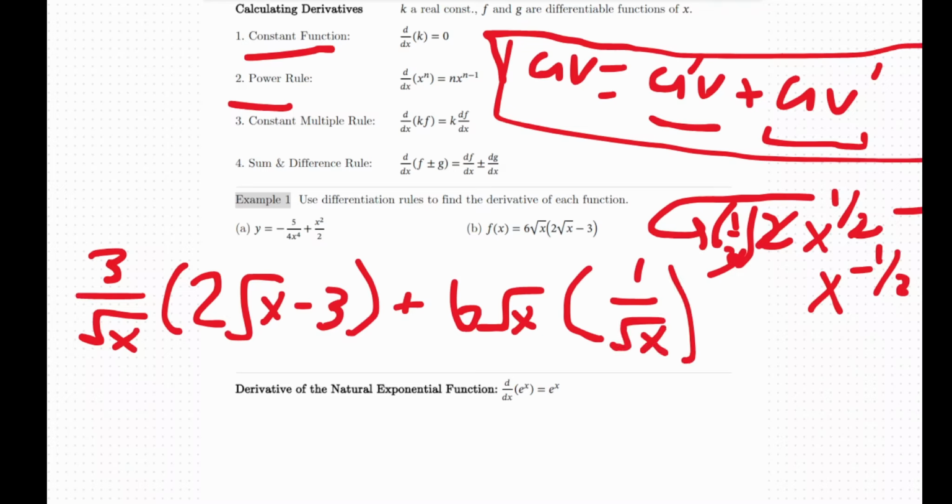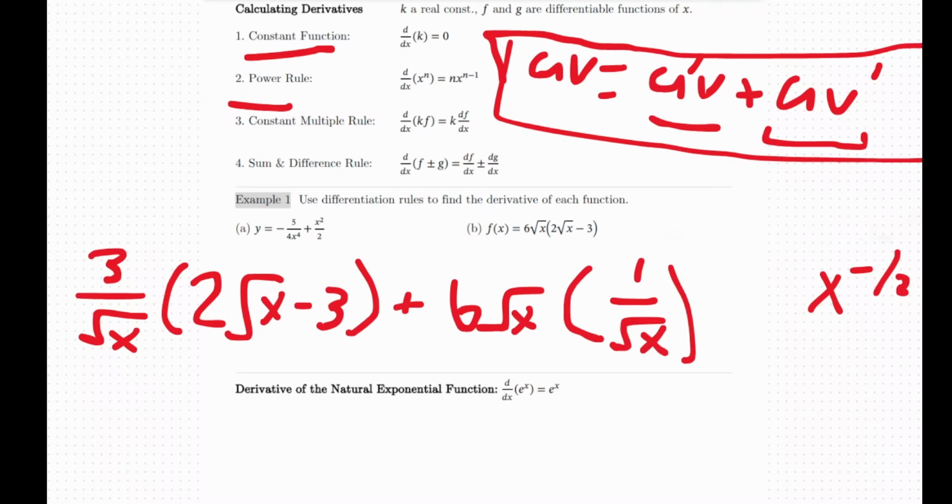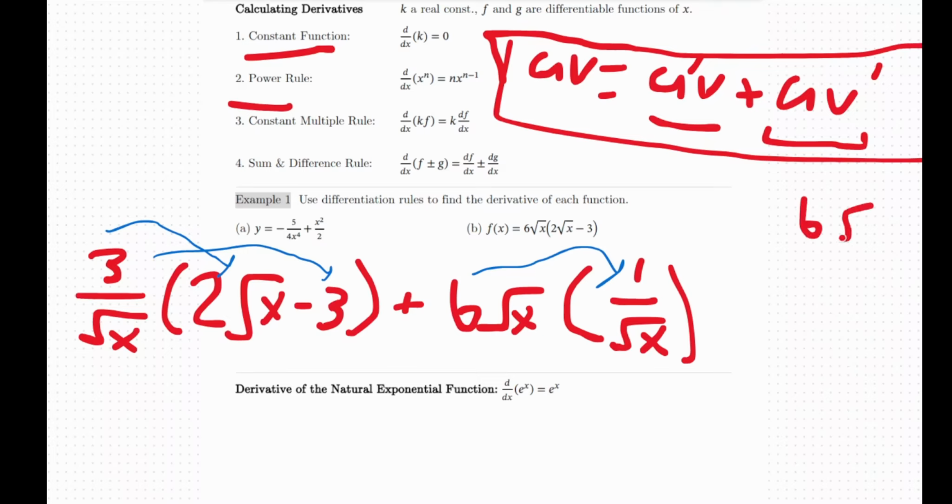So now, from here, I'm just going to erase a lot of this real quick so we can get a more clear visual. So from here, all you're going to want to do is simplify by distributing, multiplying these together. So from the first one, we're going to get 6 radical x over radical x.